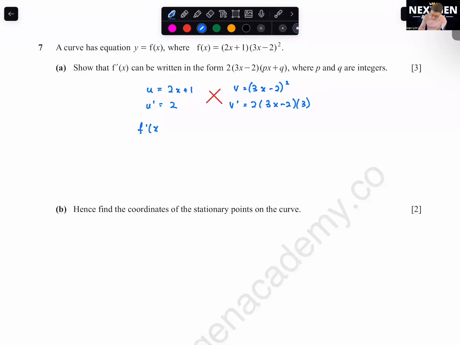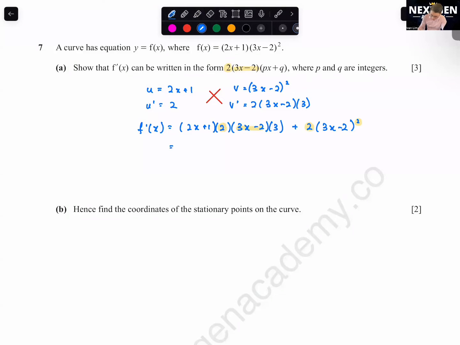Then let's write down the product rule formula. So here, I will get (2x + 1) times 2(3x - 2) times 3 plus 2(3x - 2) squared. Okay, I'm going to factorize out 2 and (3x - 2).